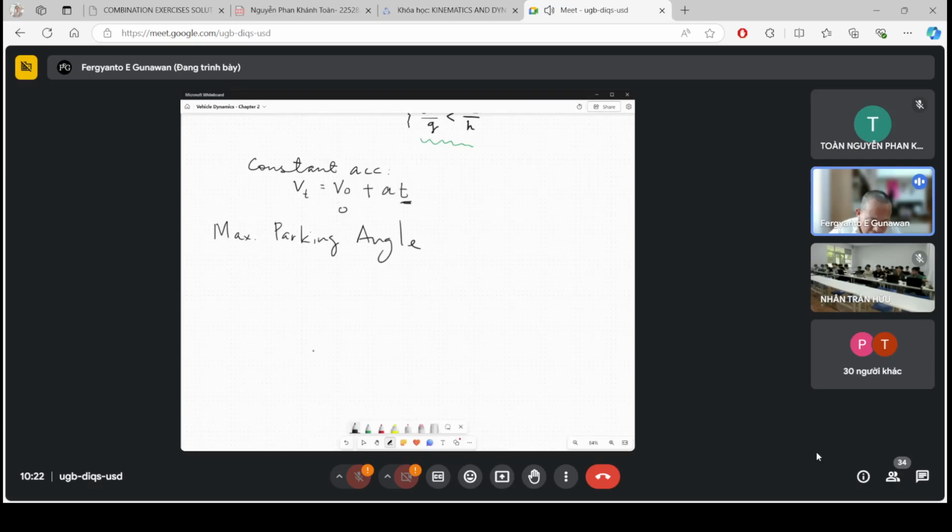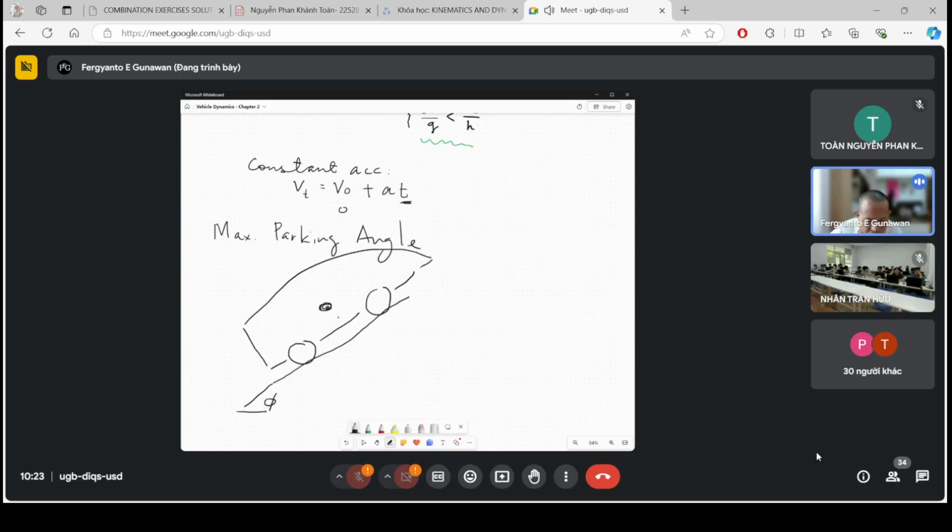So you essentially can park your vehicle. Let's assume this is the vehicle wheel, and this is the vehicle body, and this is your vehicle. Let's say this is the angle pi, and what you have to think about is the center of gravity.